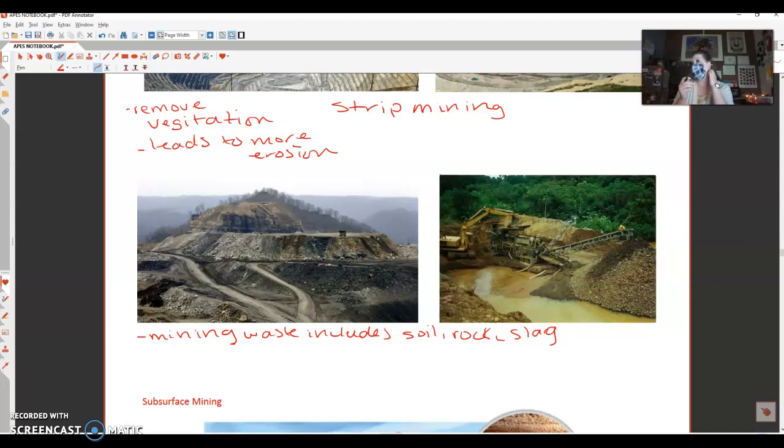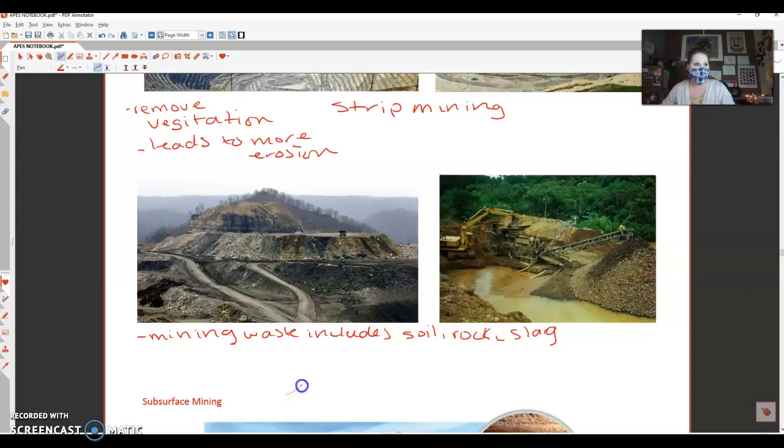So think about a diamond. Okay, when we take a diamond out of the earth, it doesn't actually look beautiful and polished. Okay, it's pretty ugly. When you chip away all of that rock from the diamond itself, that is a type of waste called slag. And it is a separate type of waste from soil and rock.